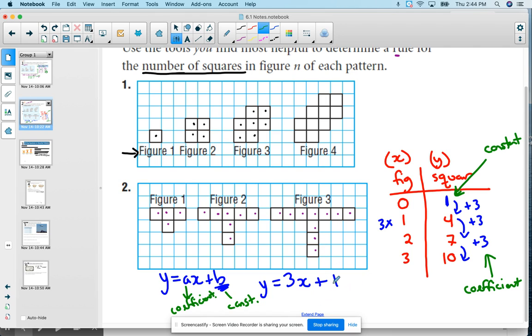So just a little understanding. Make sure it helps to understand what your x and y stand for. So x is equal to your figure number in this situation, and y is equal to your number of squares. Okay? And check it. 3 times 1 plus 1, that's what my equation is, does equal 4. Make sure it works for more than 1. 3 times 2 is 6, plus 1 equals 7. Okay, perfect.